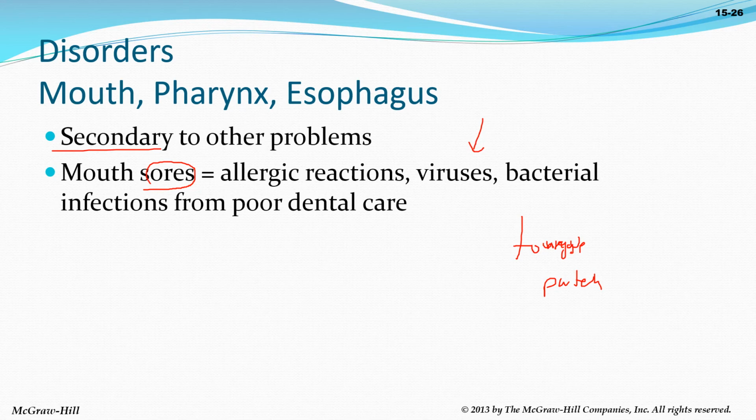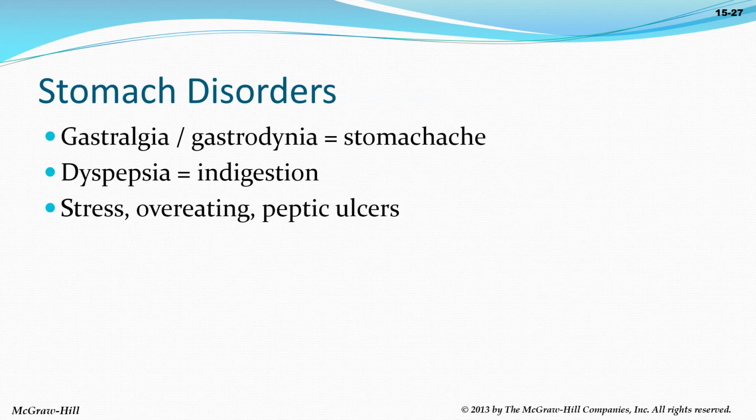If you're getting married in 6 weeks, they'll surgically sew the patch on your tongue. It's hard to eat for a while, and then they lose the weight, and then they take the patch off. It's better than getting your stomach stapled or a gastric bypass, because that stuff is more permanent. So sometimes if you have a sore in your mouth, you don't want to eat because it's painful. Like a sore throat, sometimes you don't want to swallow.